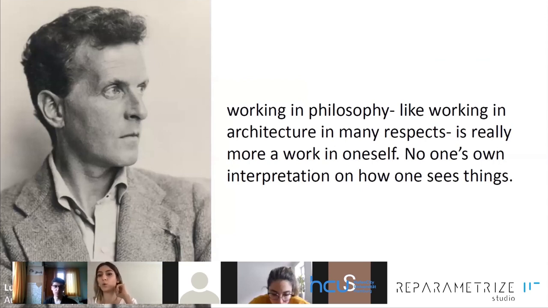No one owns an interpretation of how we see things. Which means that the architect's work starts within himself, and then he goes back to the world. He puts all the ideas and information that he has from his world into the space so people can perceive the same idea somehow.